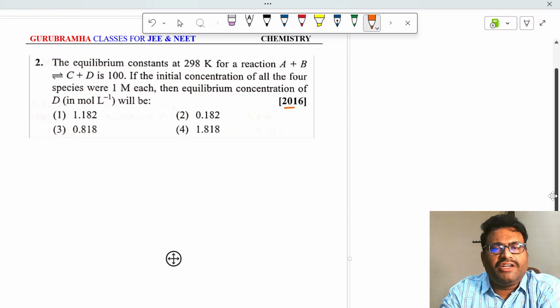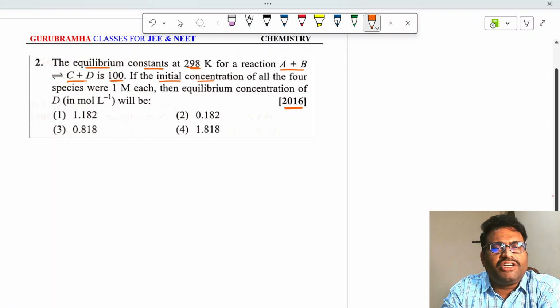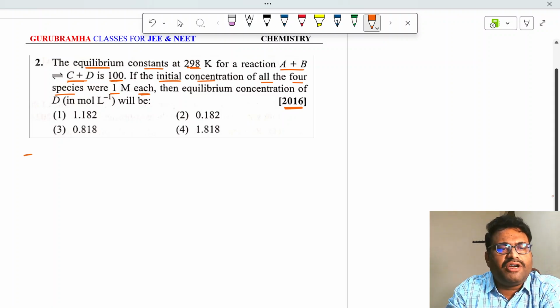It's given in 2016. The equilibrium constant at 298 Kelvin for the reaction A plus B gives rise to C plus D is 100. If the initial concentration of all the 4 species were 1 molar each. So for which reaction the question is asked, that you have to take into context. What is that reaction?